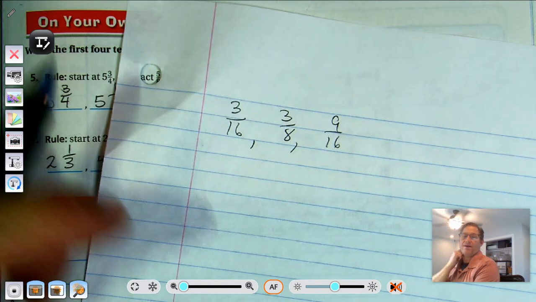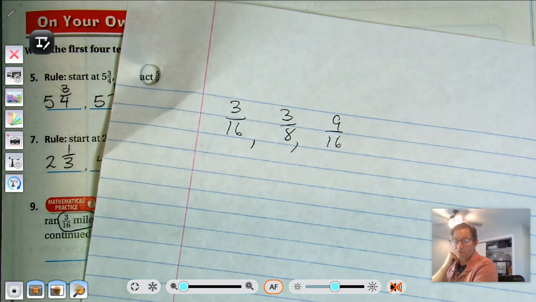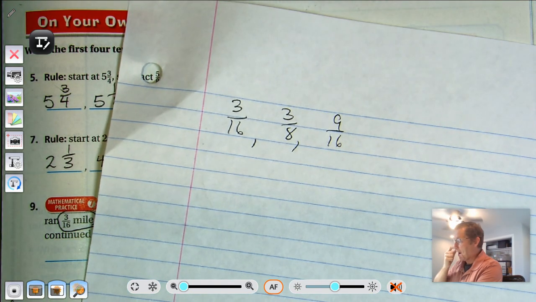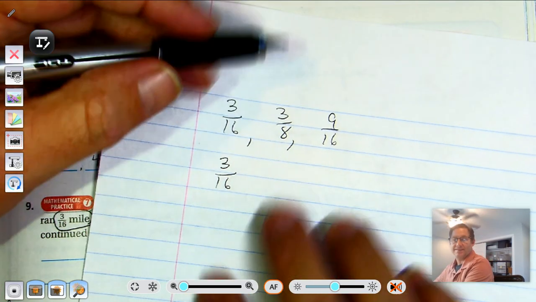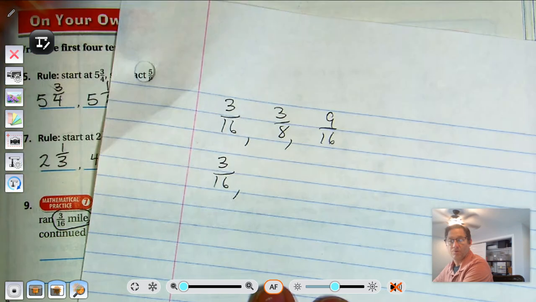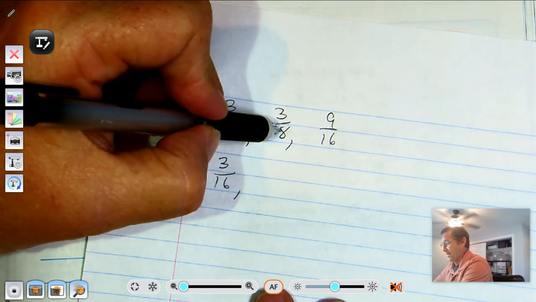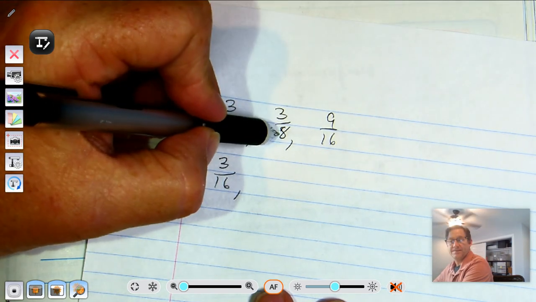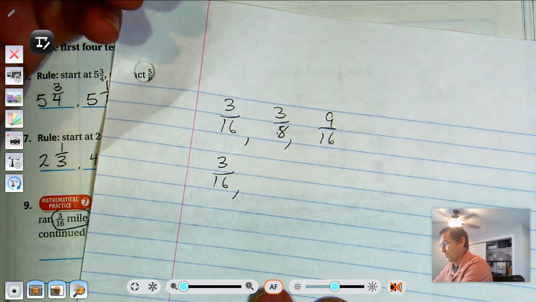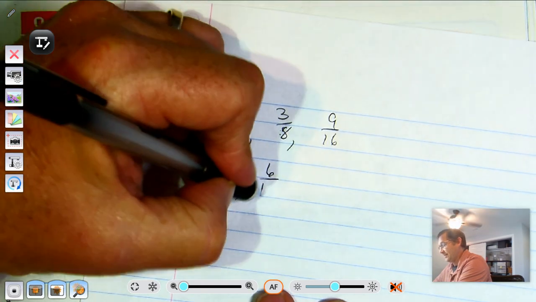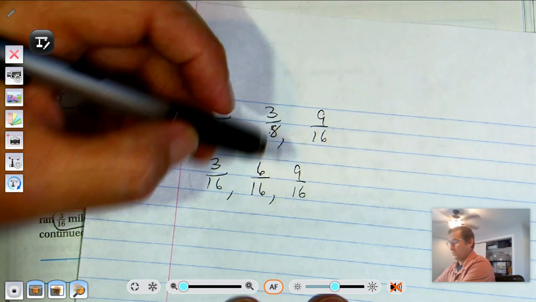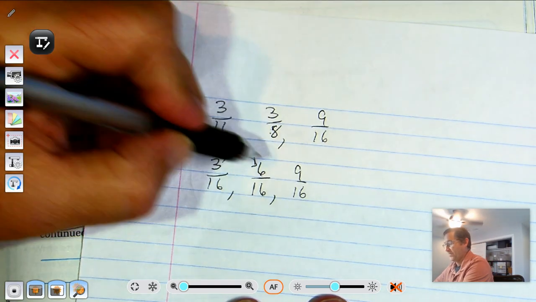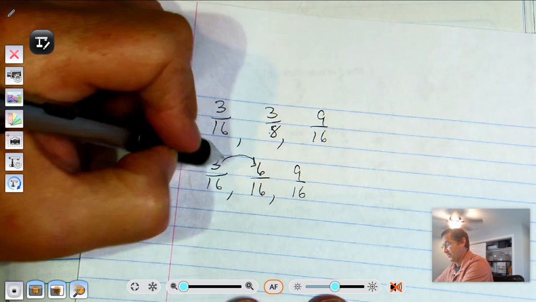We have to keep the pattern going until we get to a mile, which would be 16/16. So let's just make all of these into 16ths to make it easy to tell what our pattern is. 3/8. I can turn the eighths into 16 by multiplying by 2. So 3 times 2 is 6. So 6/16, 9/16. So what's our pattern? Well, from 3 to 6 is an increase of 3.